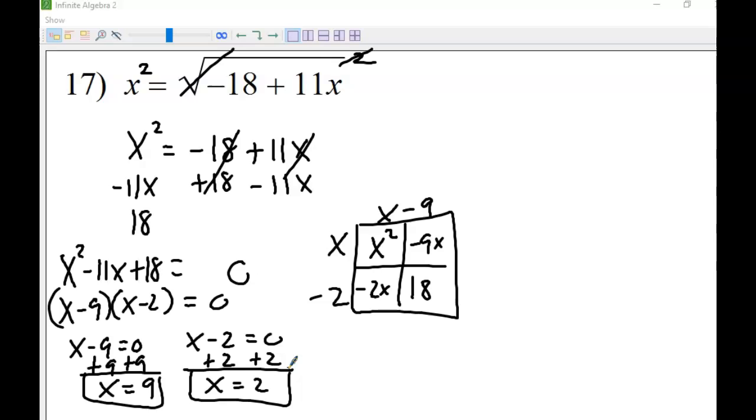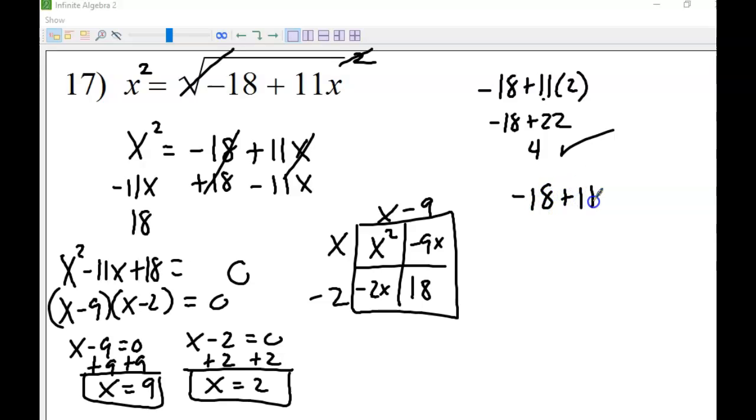So if you were to plug in 2 up here, 11 times 2 is 22, and 22 and 18 make 4, so that's good. We don't end up with a negative number underneath the square root. We also want to make sure the other one works, but I know that one's going to work, because if you plug in 9, you're going to get 99, which is definitely much bigger than 18, so you end up with a positive anyway. So both of our answers are good. Neither one of them makes the number underneath the square root equal 0.